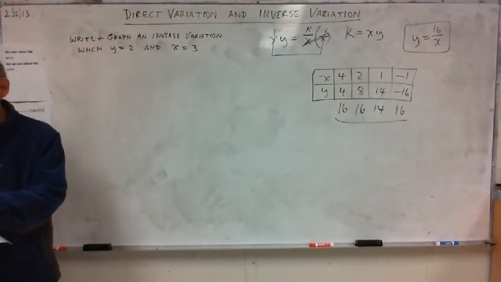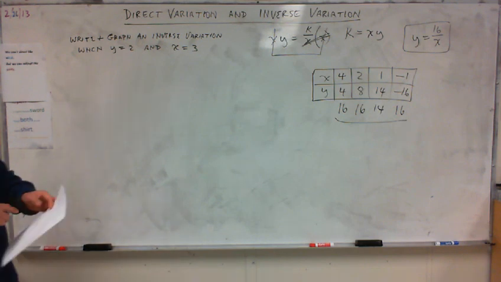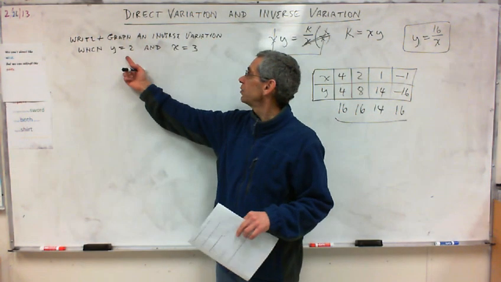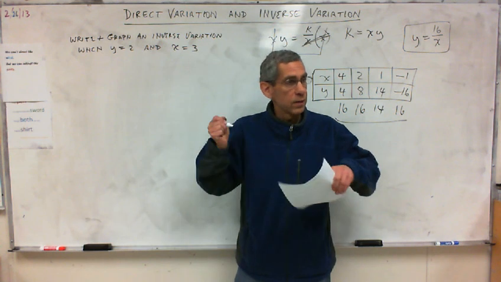We're going to do the one that I did before. It says write and graph an inverse variation when y is 2 and x is 3.